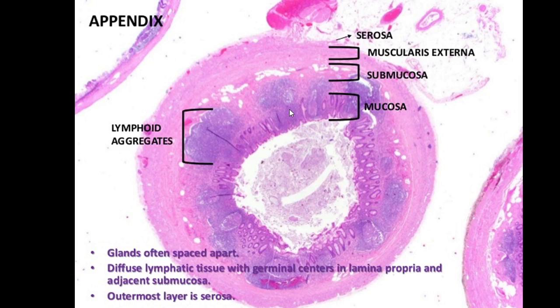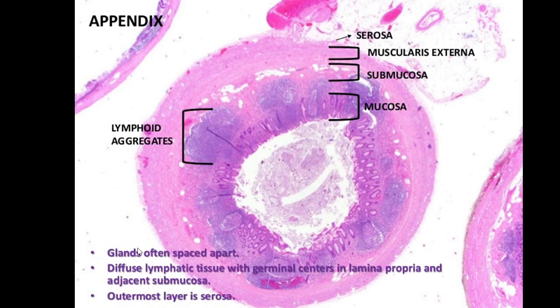This is the lamina propria, which shows the lymphoid collections. This is the submucosa, and this is the muscularis mucosa, and here you find the serosa.